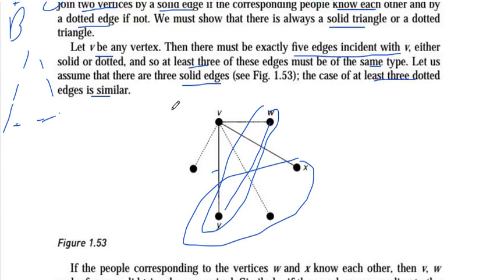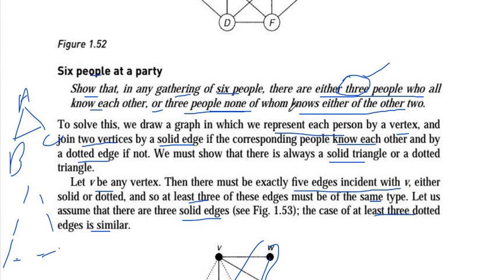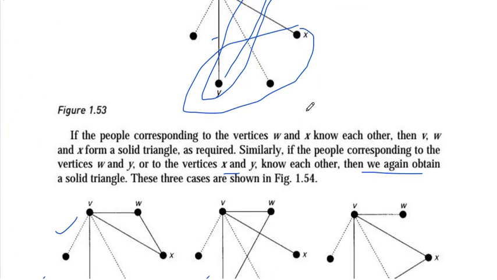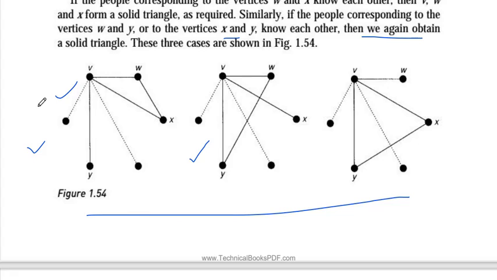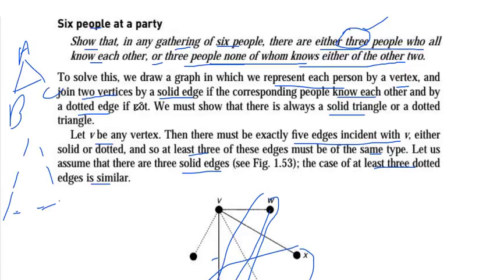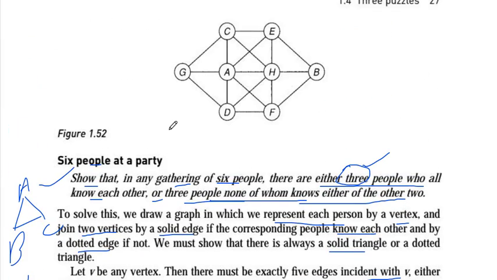So our second theory, three people none of whom knows either of the other two, is going to be true. So in any gathering of six people, there are either three people who know each other or three people none of whom knows either of the other two. With the help of a graph we can show that this statement is true. Okay, so this second puzzle is over.